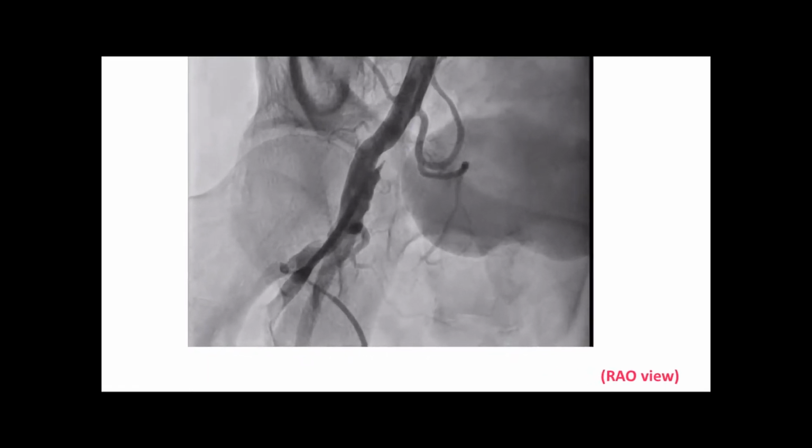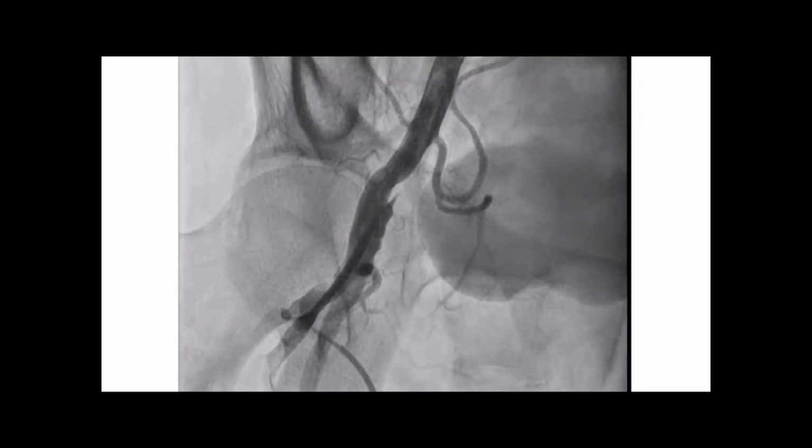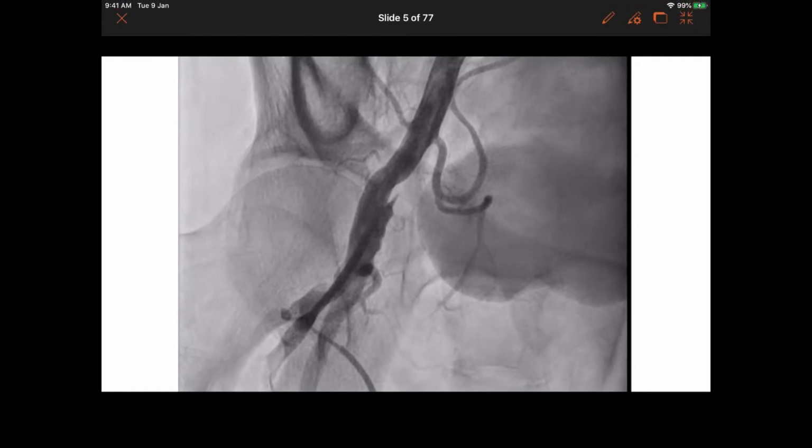So if I zoom it further for you. As I said, usually the orientation of the femoral artery at the level of the femoral head is along the inner border of the neck of the femur, and the common femoral artery lies at the center if you divide the femoral head into three parts.